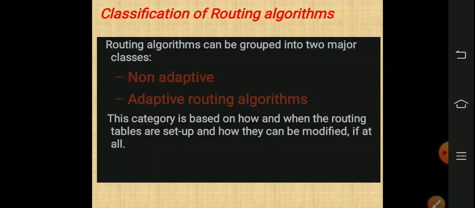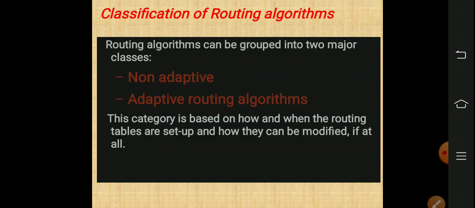We'll go for the next concept, which is classification of algorithms. How many classifications are present in routing algorithms? We have two major classes. The first one is non-adaptive algorithm and the second is adaptive algorithm.